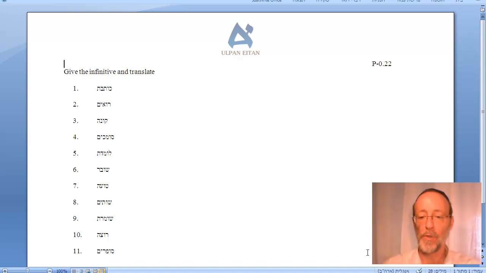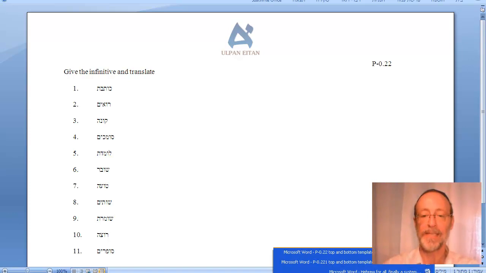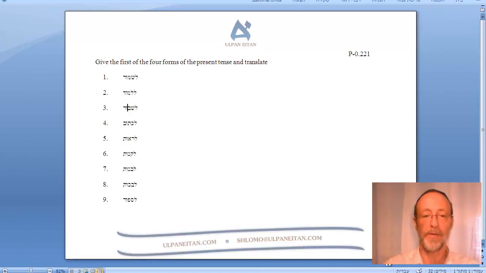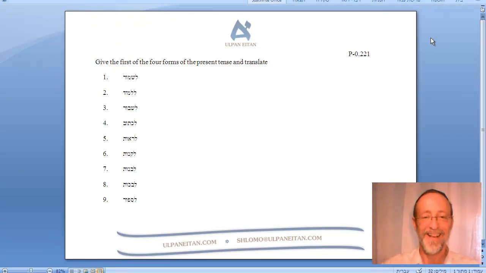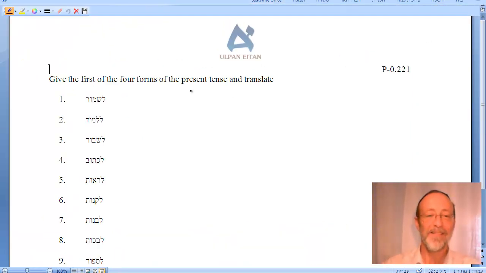And now what we're going to do is expand a teeny bit more, and we're going to look at things as they happen in the opposite direction, just for the fun of it and the practice, as it were. So I'm going to take my pen in hand and just write, and there's my infinitive, lishmor, in number 1.